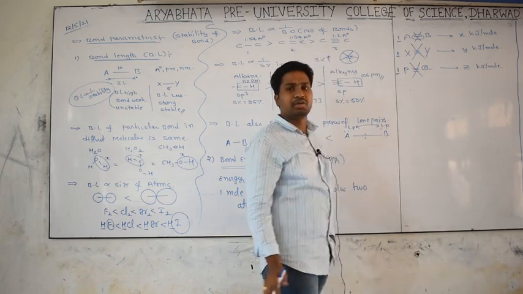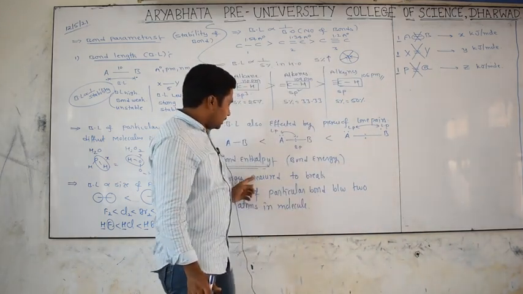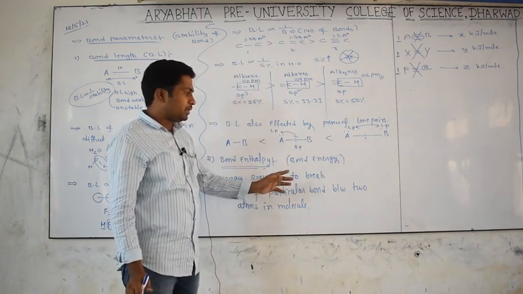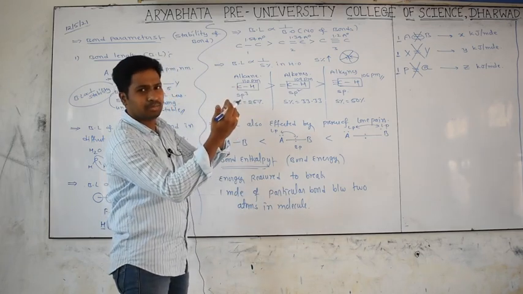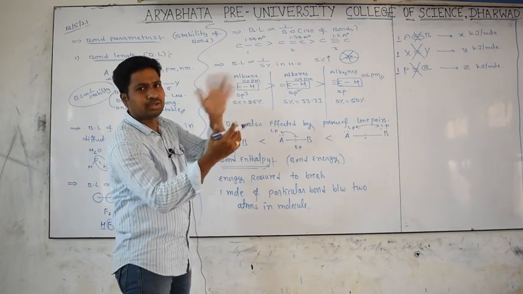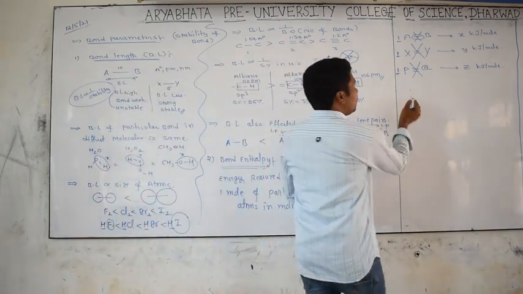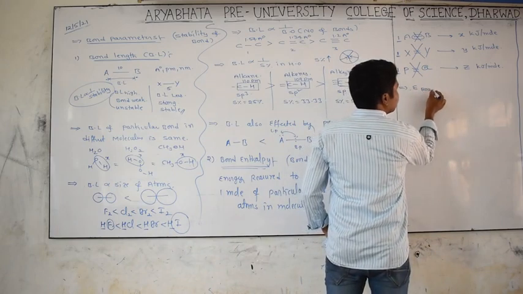What is the meaning of bond energy or bond enthalpy? It is the energy required to break 1 mole of a particular bond between two atoms in a molecule, whether a single, double or triple bond. This is always a process where energy is required.